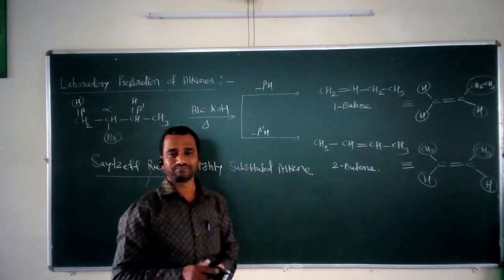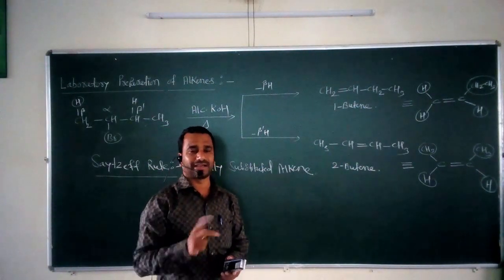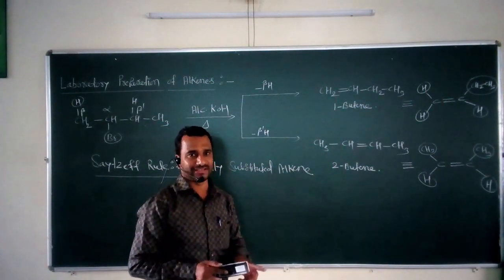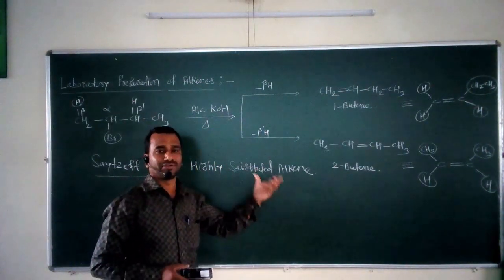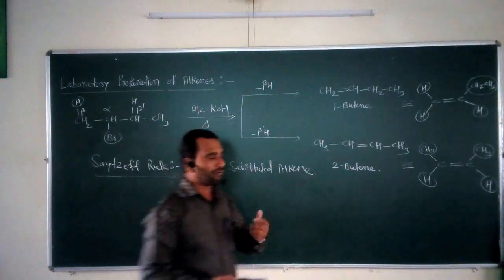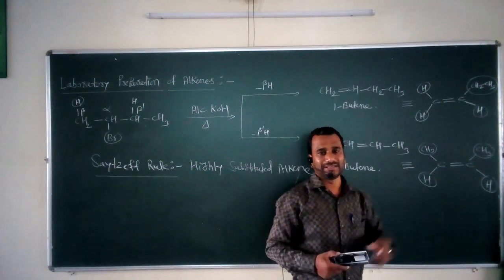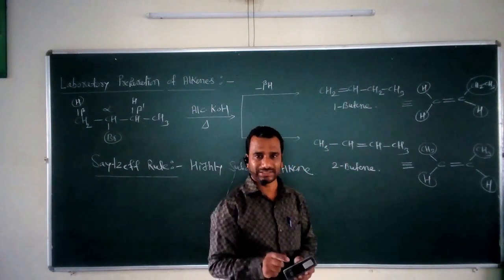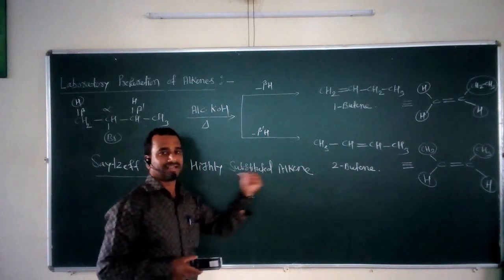So in the second compound, 2 alkyl groups are attached across the double bond, and that's why the second alkene is called the highly substituted alkene. It means if more and more alkyl groups are present on the olefinic carbons, that alkene is called a highly substituted alkene, and that alkene can be considered as the major product according to the Saytzeff rule.